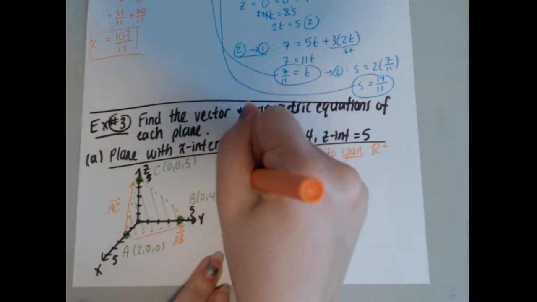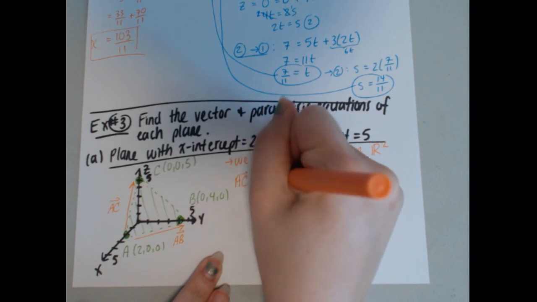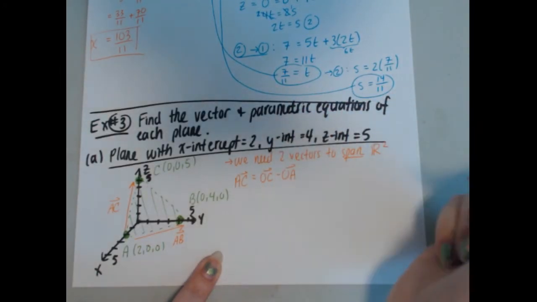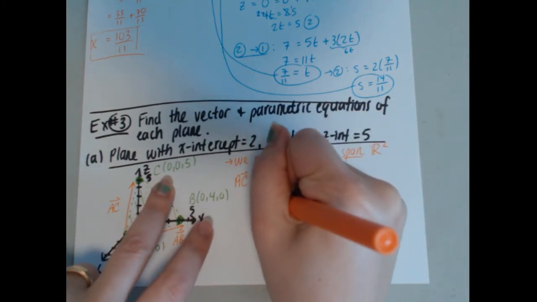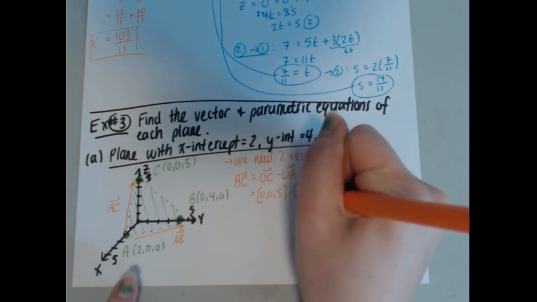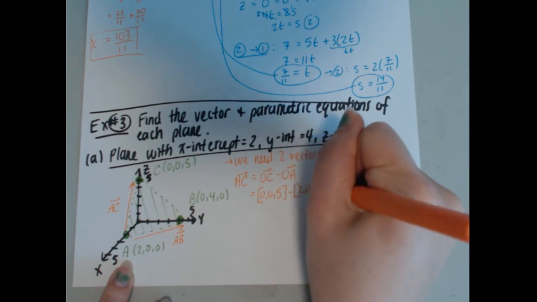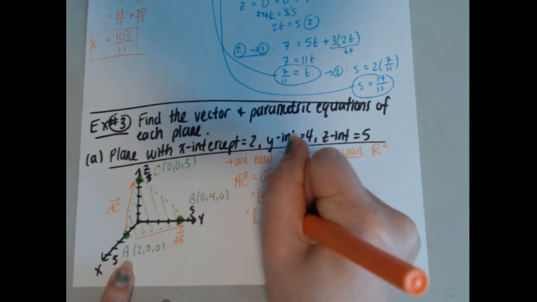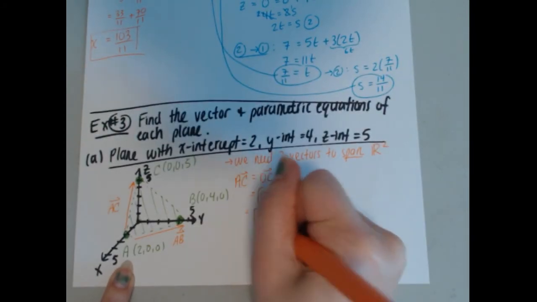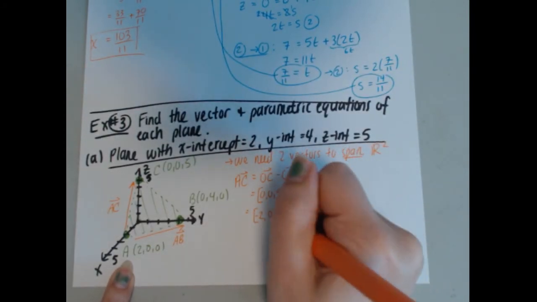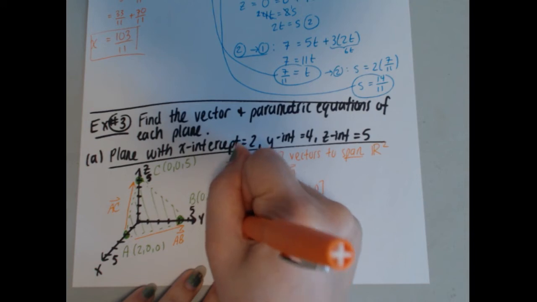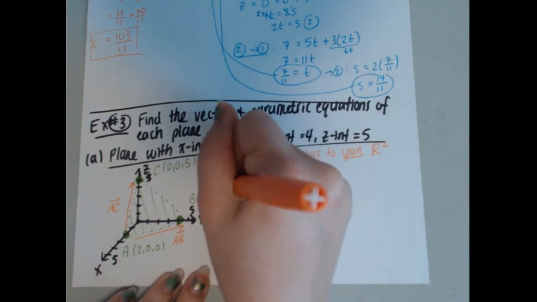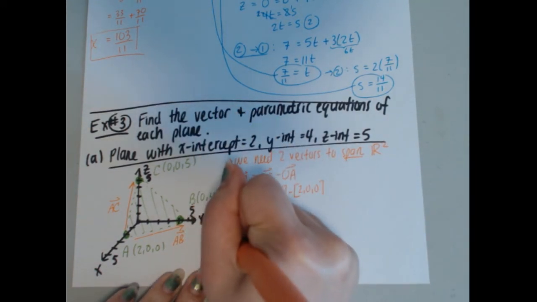Okay, so again, I'm using AC and AB. AC is given by OC minus OA. OC is just (0, 0, 5), and OA is (2, 0, 0). So 0 minus 2 is negative 2, 0 minus 0 is 0, and 5 minus 0 is 5. So (-2, 0, 5) is vector AC. Now I'm going to get vector AB.